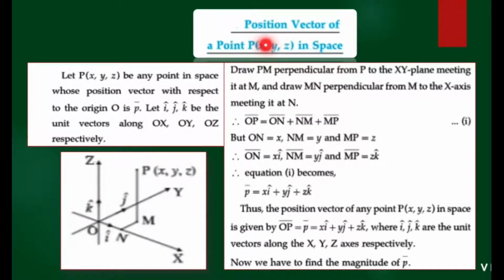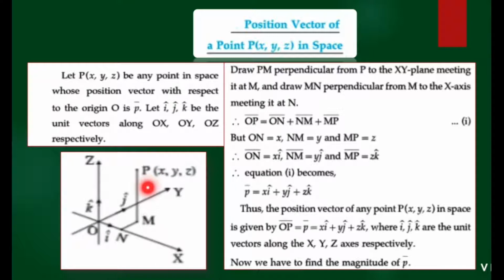So the next topic is the position vector of a point P(x,y,z) in space. Before this we saw the position vector of a point in 2D, that is in a plane. So let P(x,y,z) be any point in space whose position vector with respect to the origin is P bar. See this diagram.